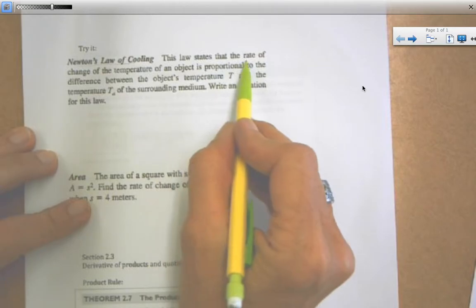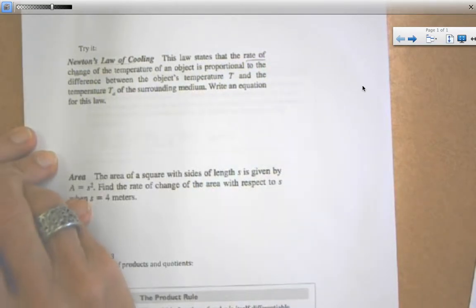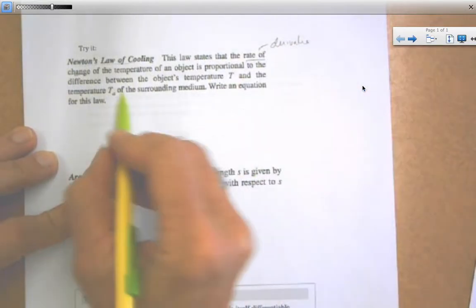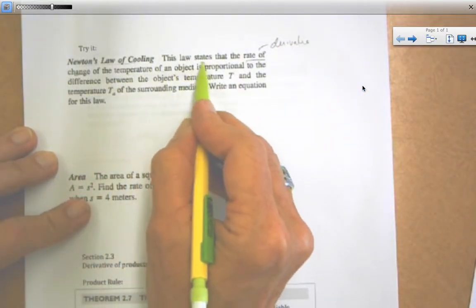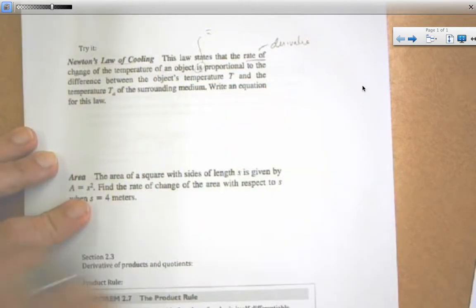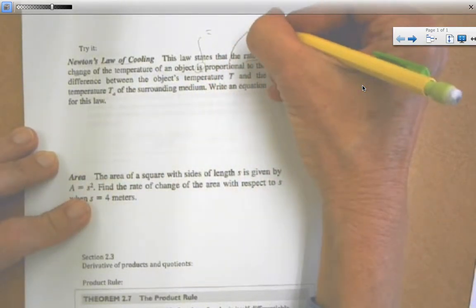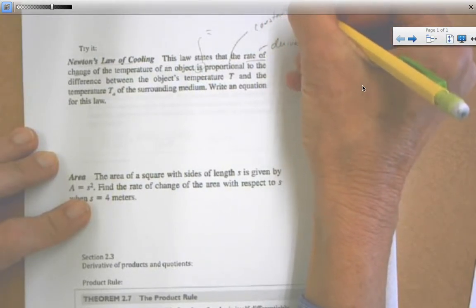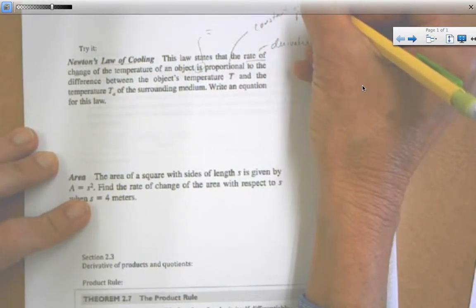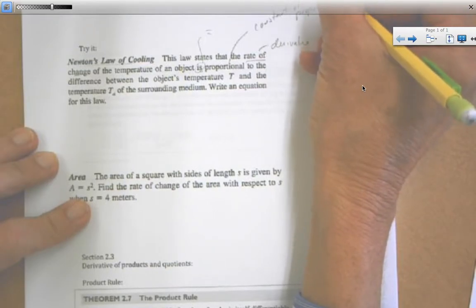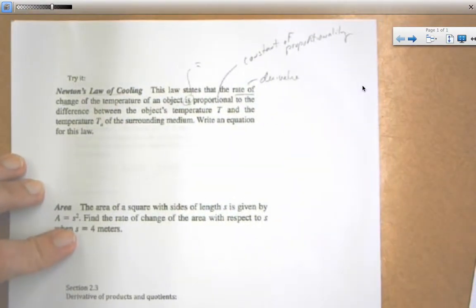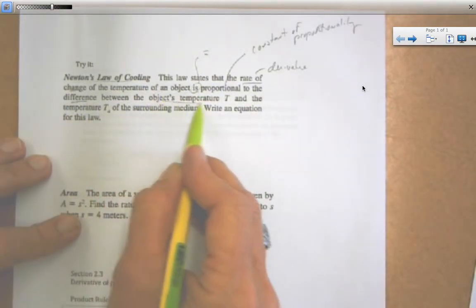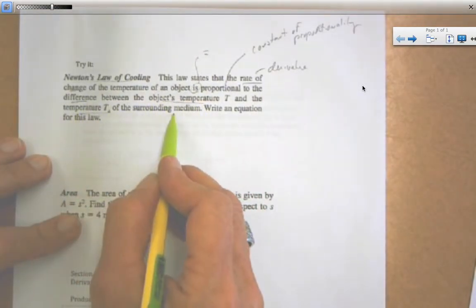This law states that the rate of change, so that's the derivative, of temperature of an object is, and in math "is" means equals, proportional, which means there's a constant of proportionality, to the difference between the object's temperature and the temperature of the surrounding medium.